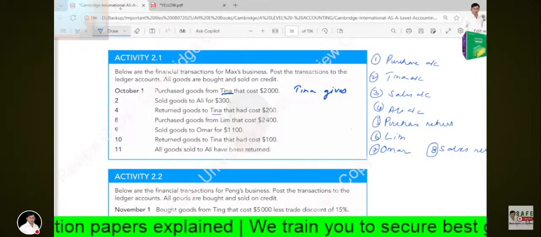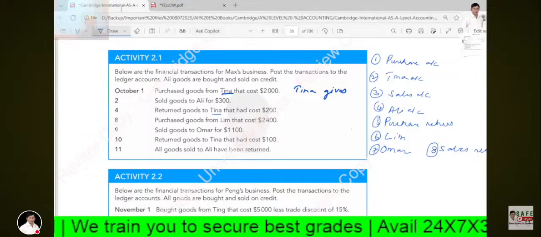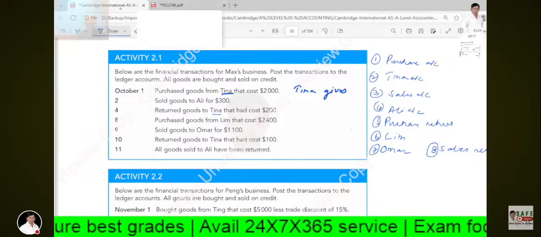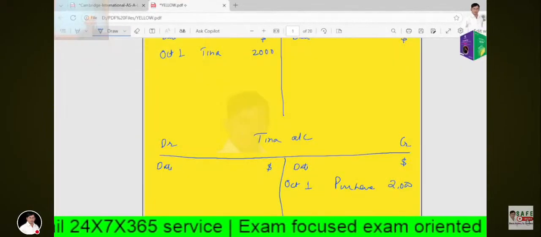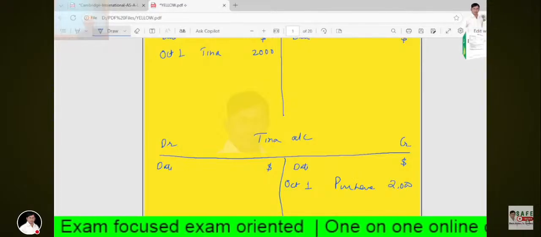Sold goods to Ali for $300. So now we have to prepare sales account and Ali account.